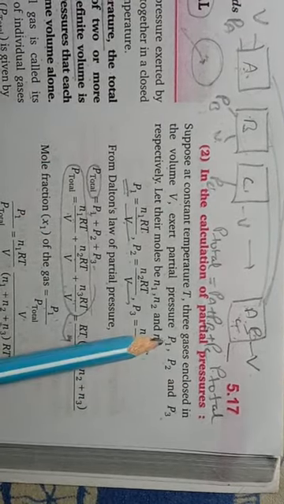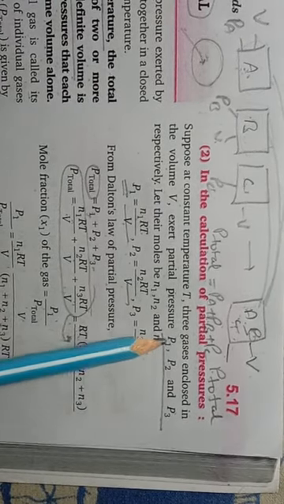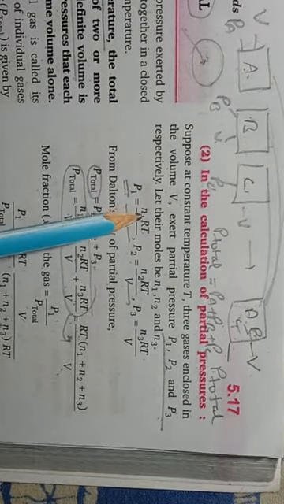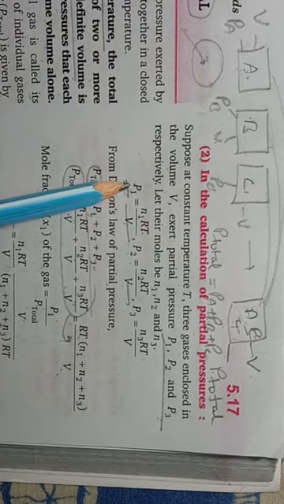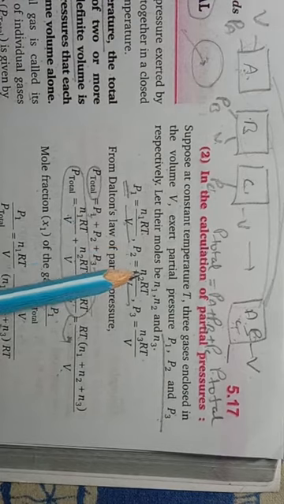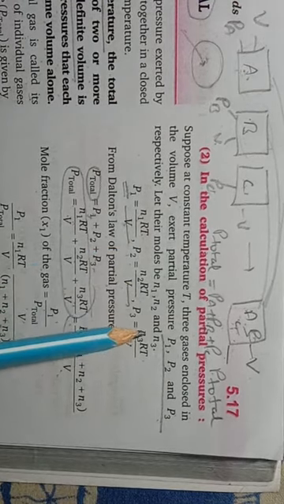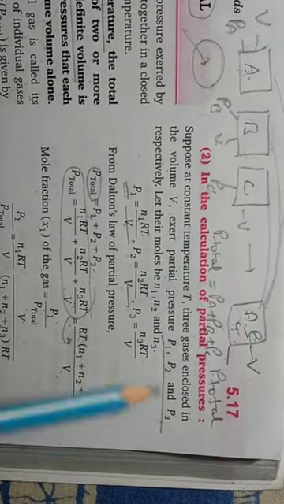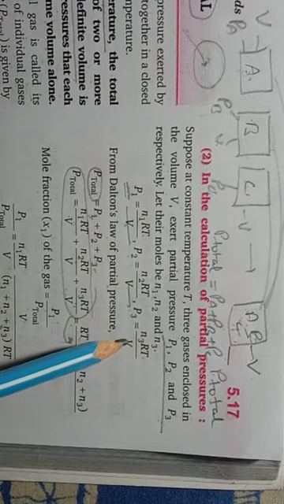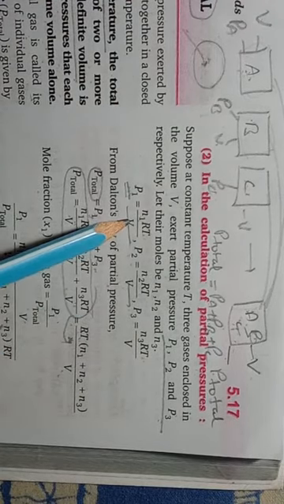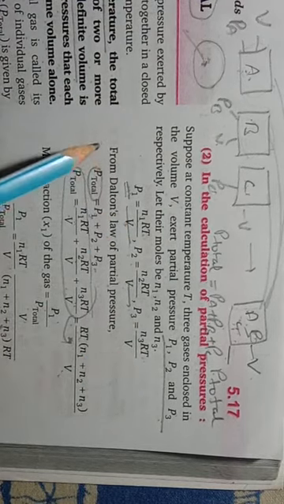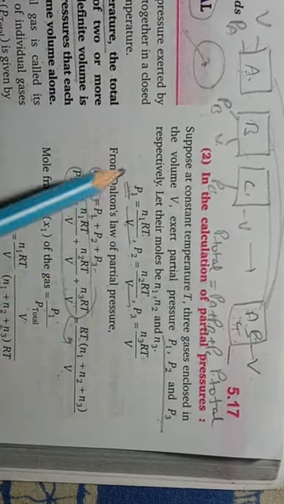If the partial pressures of different gases are P1, P2 and P3 respectively, then with the help of the ideal gas equation, we can find P1 as N1 RT upon V, P2 as N2 RT upon V, and P3 as N3 RT upon V, where R is the universal gas constant, T is temperature in Kelvin, and V is the volume of the vessel in which P1, P2, P3 are contained in the mixture.